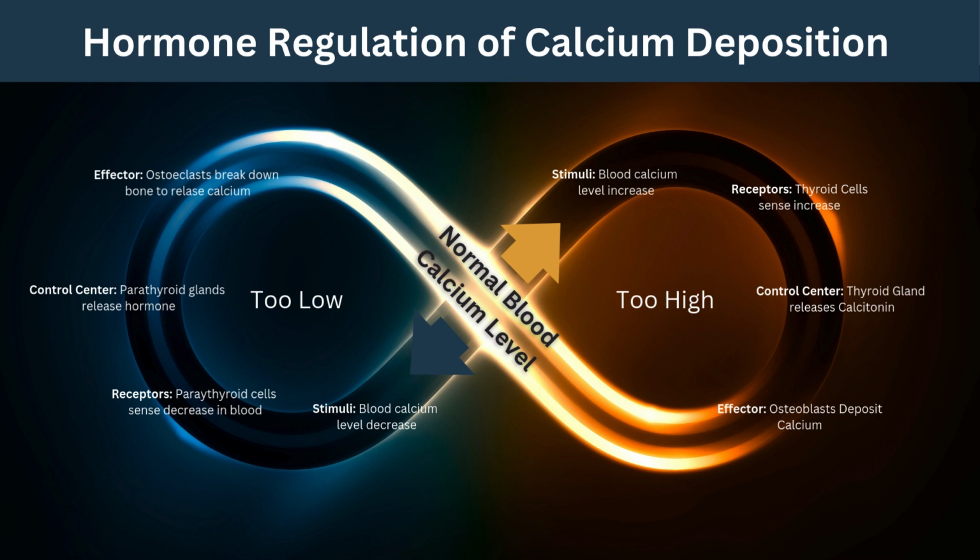For instance, the blood calcium level is regulated by two control centers that are endocrine glands. The thyroid gland regulates calcitonin, a hormone that promotes osteoblasts to deposit calcium. The parathyroid gland regulates the release of hormones that stimulate osteoclasts to break down bone to release the calcium deposits to balance the lack of calcium in the blood.